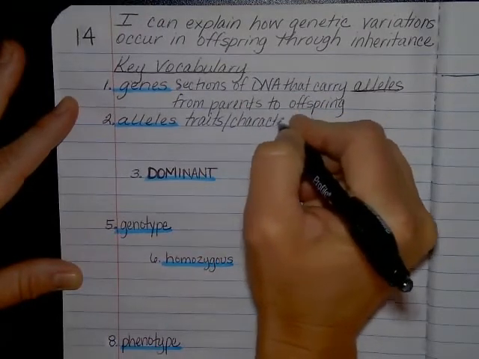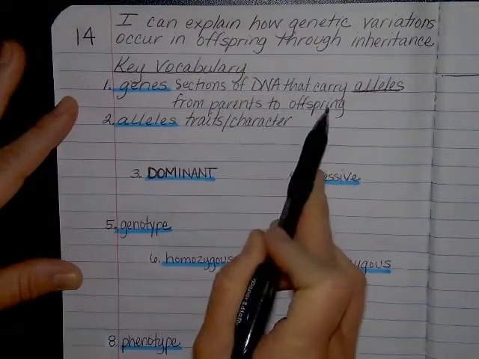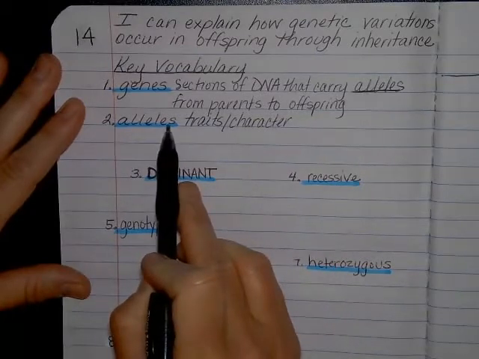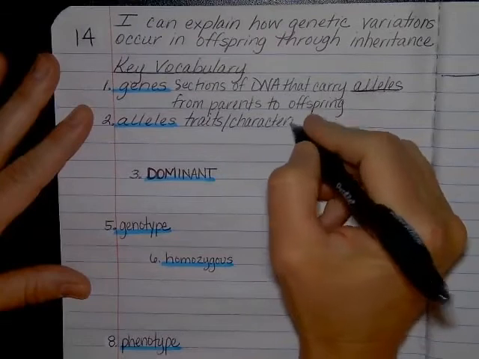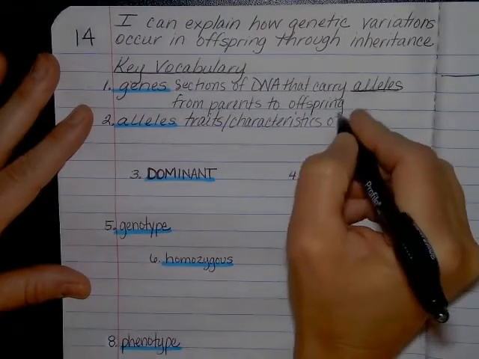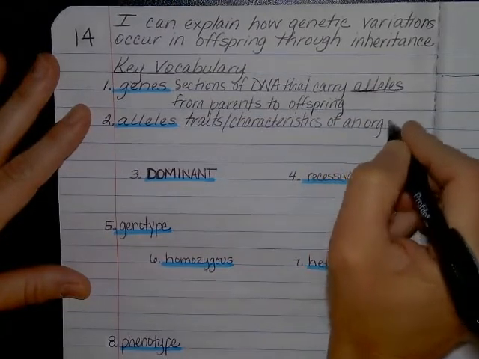So the genes carry the parents' traits to their offspring. Alleles is the scientific term for those traits or characteristics of an organism. Organism means a living thing.